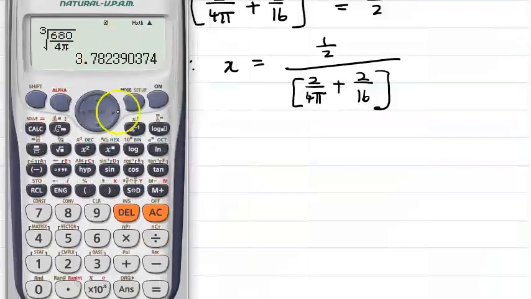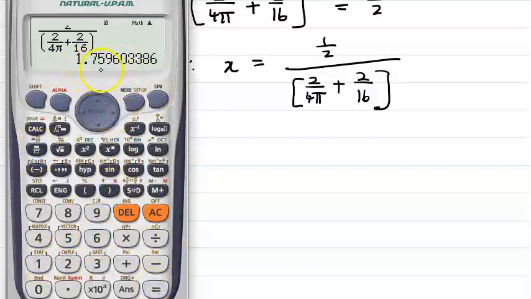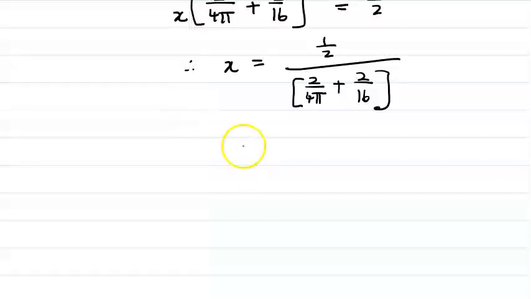So we got half, 1 over 2, divided by 2 over 4 pi plus 2 over 16, and there you go, equals 1.759. Let's round to 2 decimal places, 1.76.